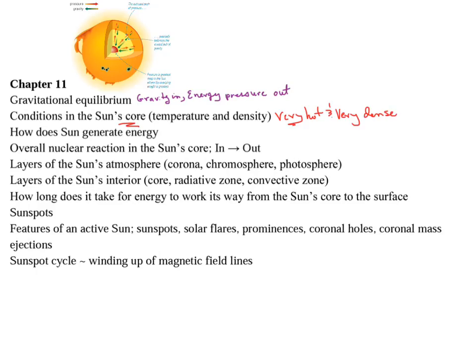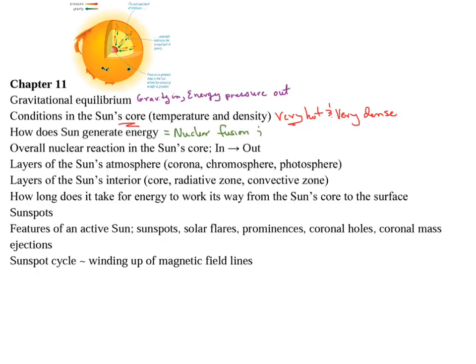In the sun's core, it needs to be very hot and very dense, meaning very high pressures, because only then can nuclear fusion occur. That's very important. And those are the conditions in the cores of other stars as well.